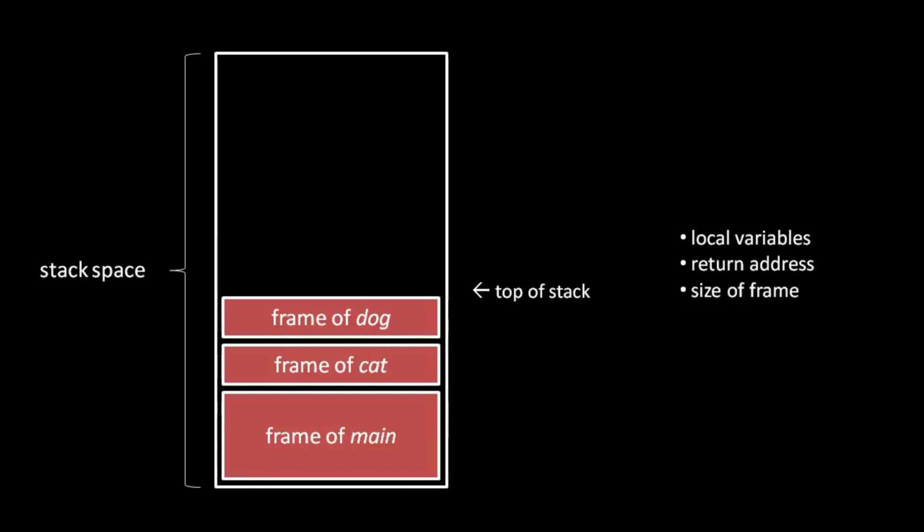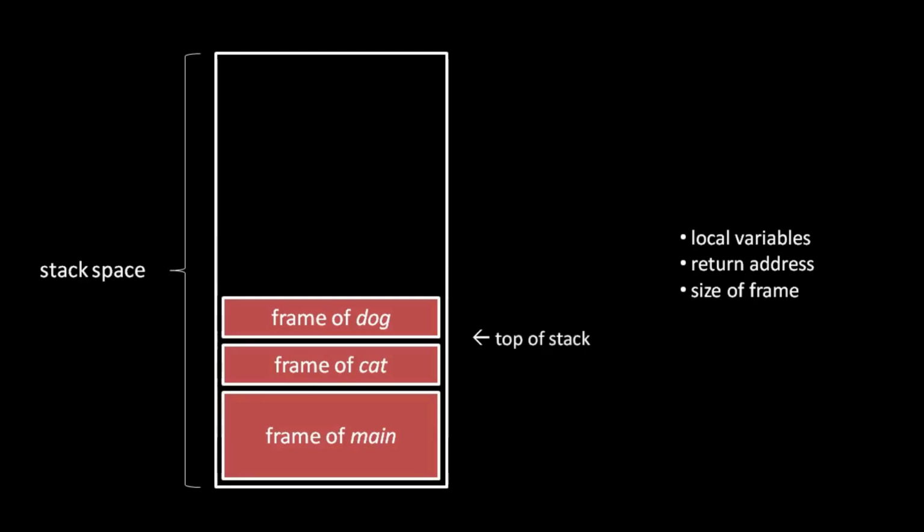Notice that as we add frames, we have to keep track of the top of the stack, because that's where we add a frame when the next function is called. Many CPUs, including x86 CPUs, have a specific register for storing this address, usually called the stack pointer. When a function returns, the frame size is used to adjust the stack pointer back down to the last frame, and execution jumps back to the return address.